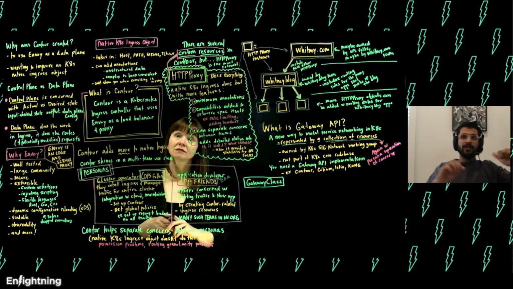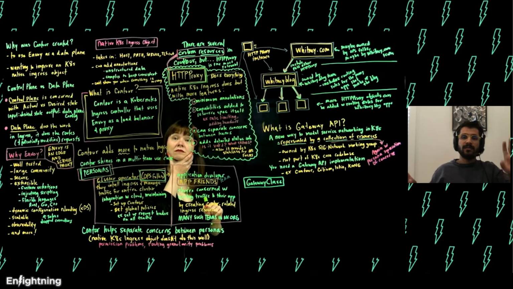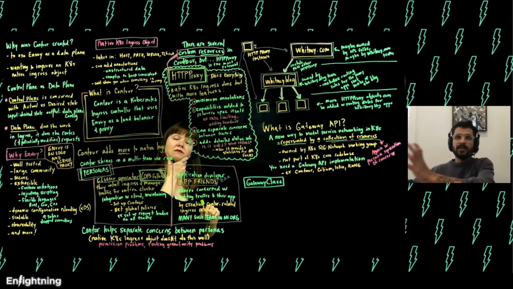Say you have multiple Ingress controllers running in one cluster. You could separate them out and say these Ingress resources are only implemented by Contour, these ones by Nginx, these ones by Istio or something like that.